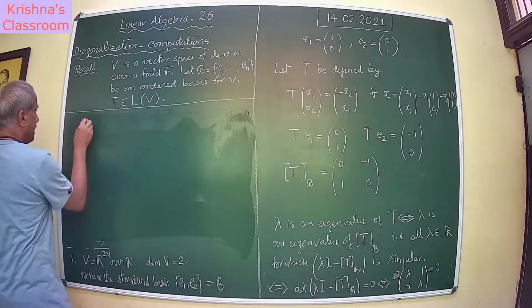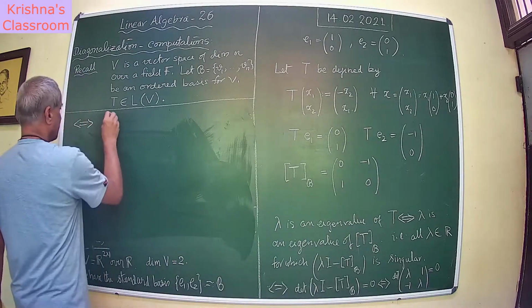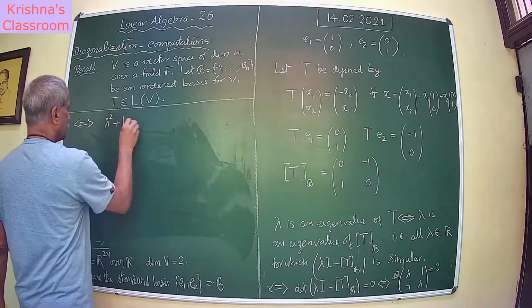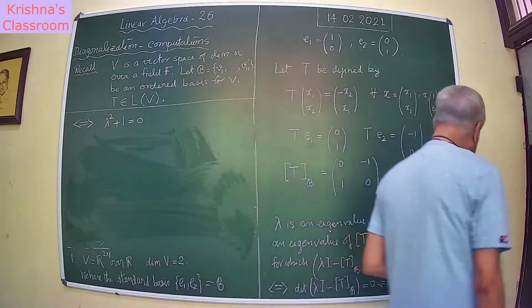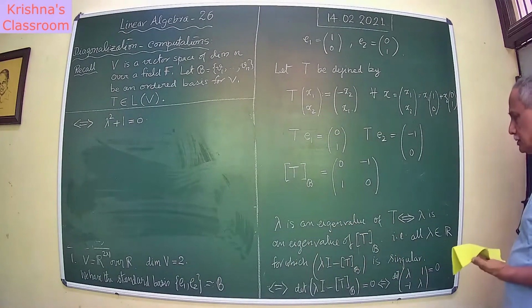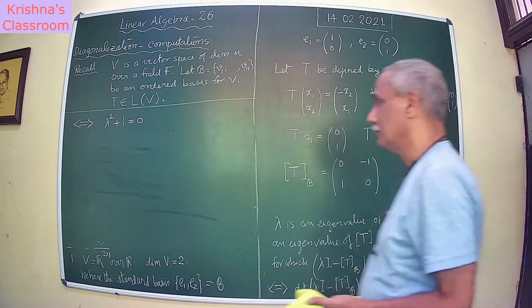So the eigenvalues are essentially those lambda for which lambda square plus 1 equal to 0.